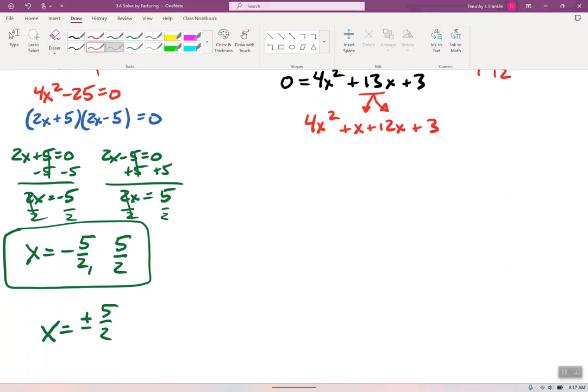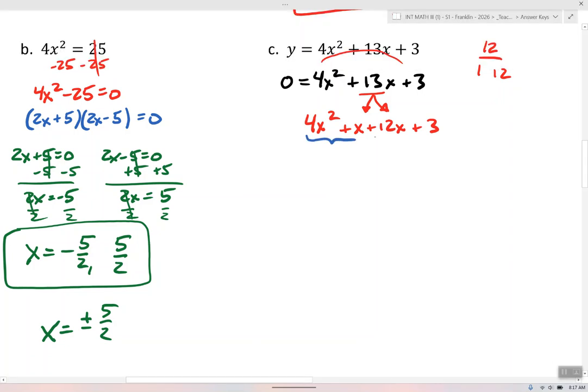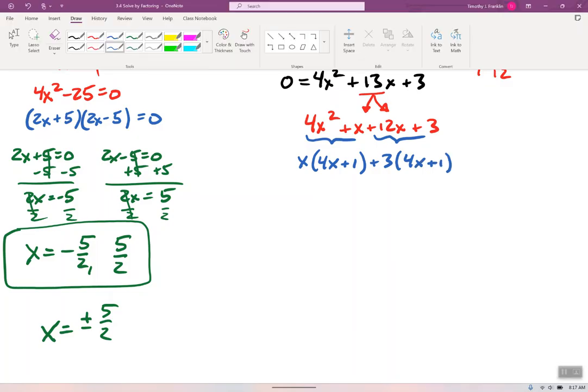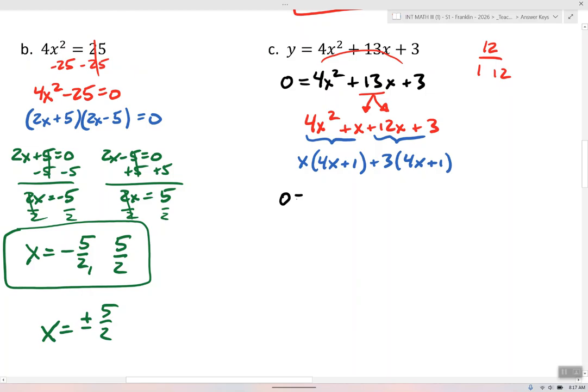Now we'll need to factor by grouping. So I can take an x out here, that's 4x plus 1. And I can take out a 3, and that's also 4x plus 1. So our factored form of our equation is 0 equals 4x plus 1 times x plus 3.